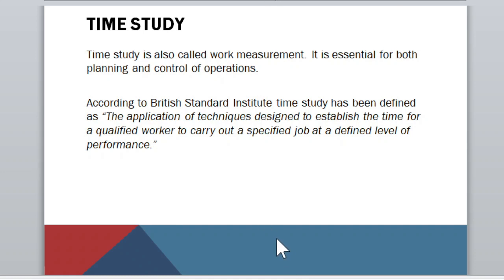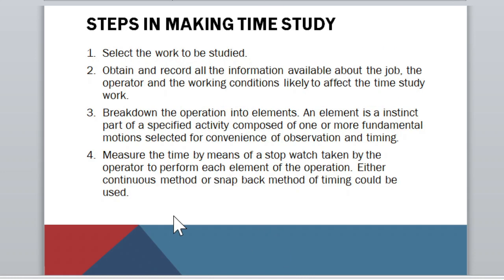Okay? Next is steps in making time study. First, you have to select the work to be studied. You really have to choose what you want to study. And then next is obtain and record all the information available about the job. Once you have chosen what you want to study, you have to gather all the information, in case there is a problem in that area, and then study it.